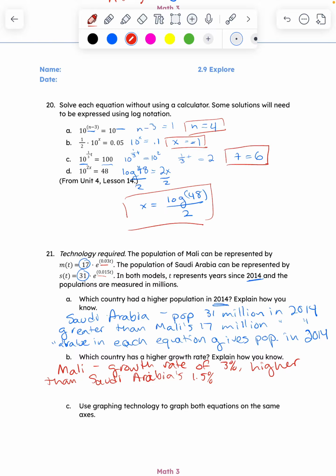And we know that because the R value in each function gives the growth rate.